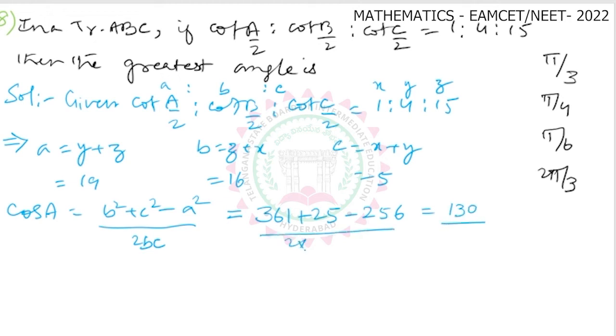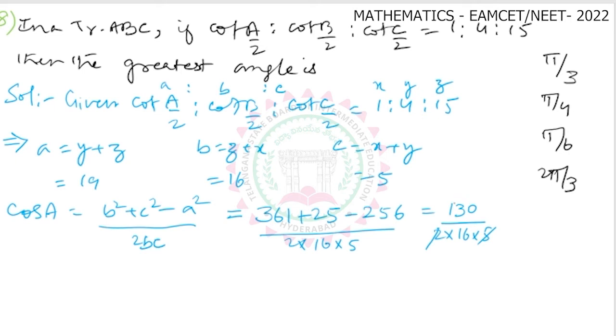What is 2 into B? It is 2 into 16 into 5. So this is 2BC, 2 into 16 into 5. 5 2s are 10.